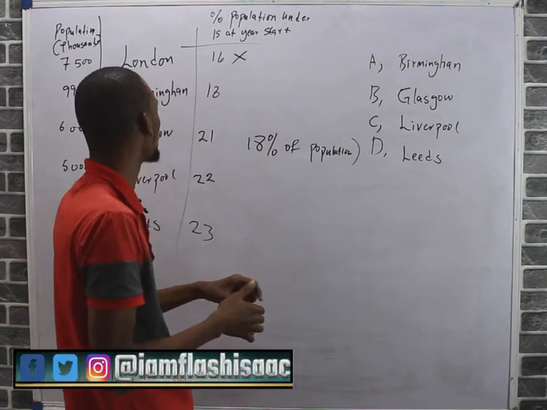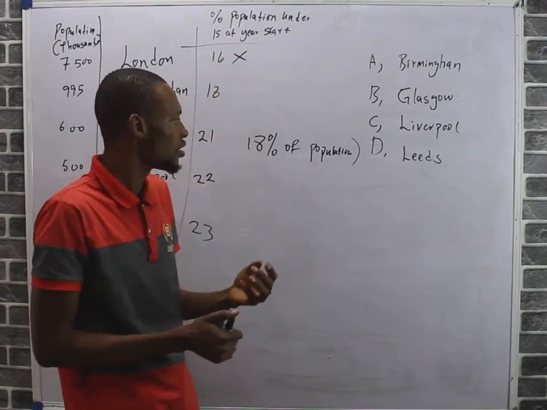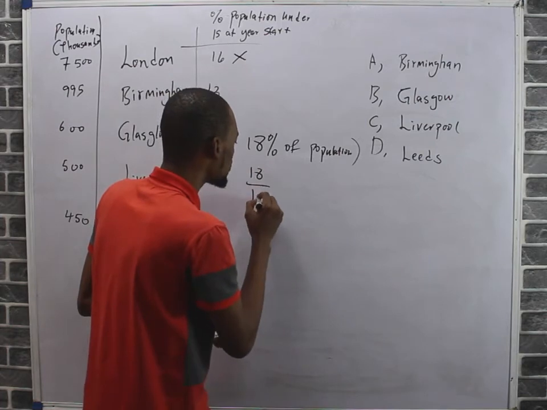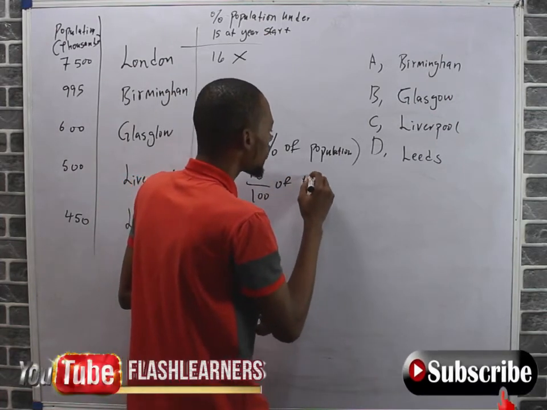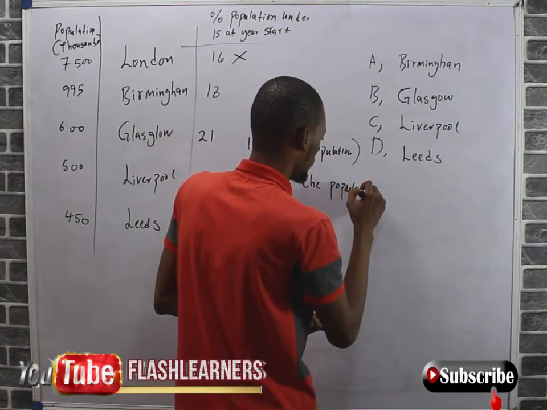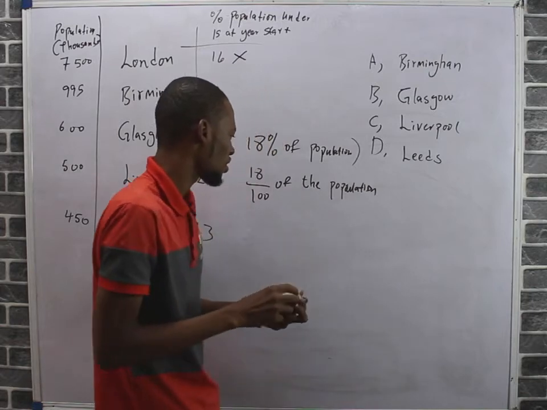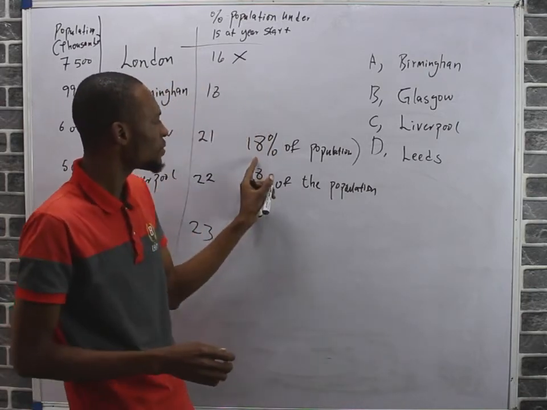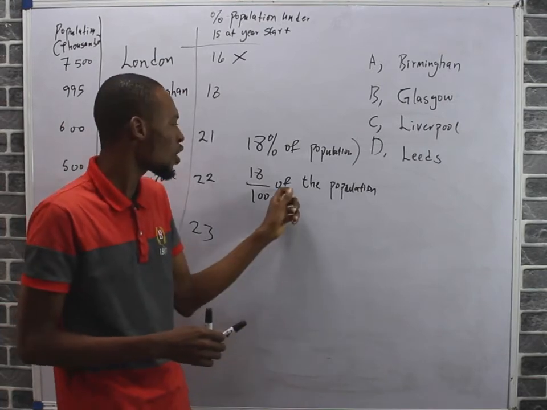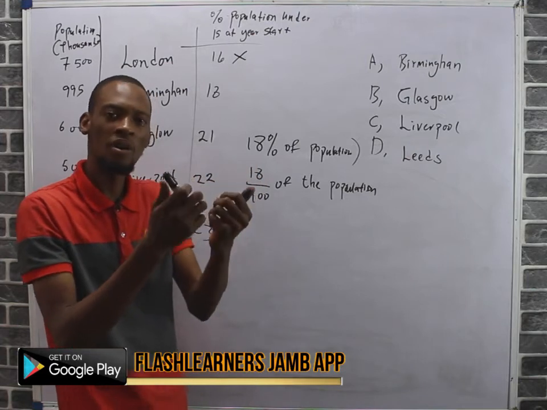18% of the population in Birmingham are under 15. We can reinterpret this as 18 over 100 of the population are under 15. And remember, 18% means 18 over 100, and in mathematics, of is multiplication, BODMAS: bracket, of, or order.